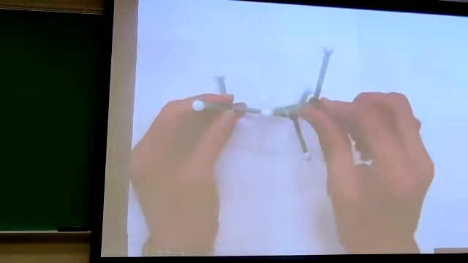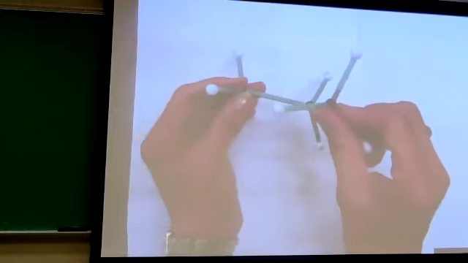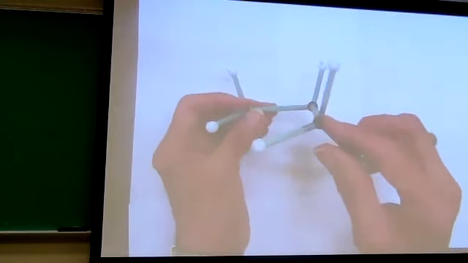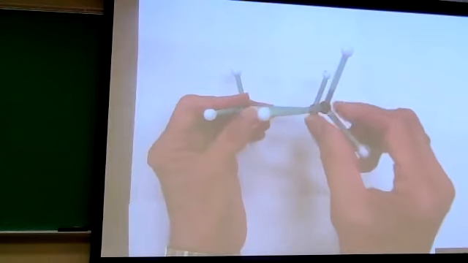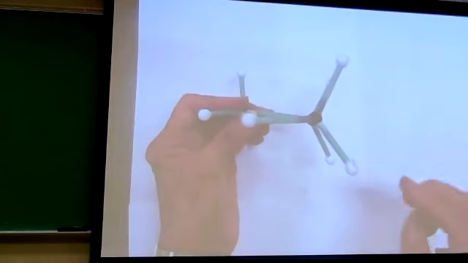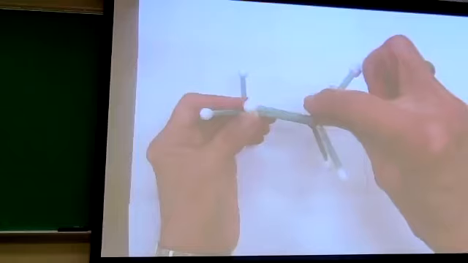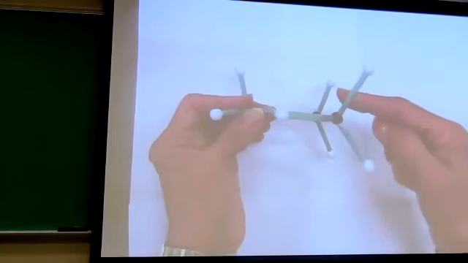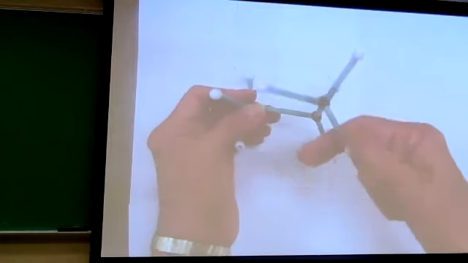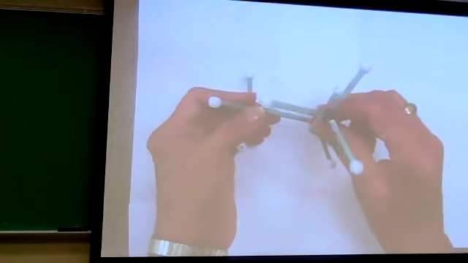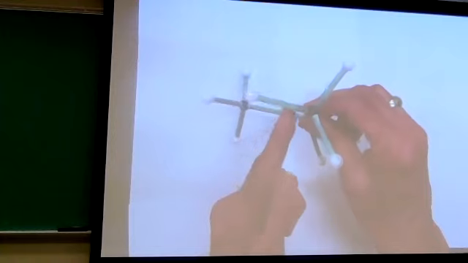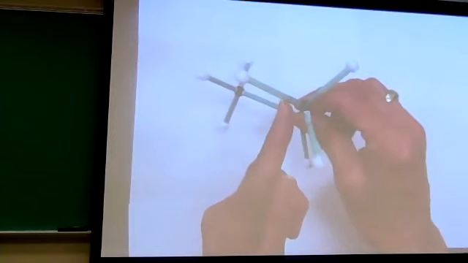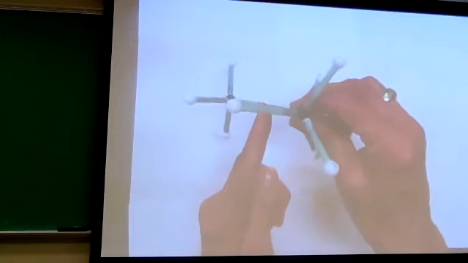Here you're going to have a little bit more complicated situation. There, I got it. Okay, now it's eclipsing. You can see that you have the two CH bonds eclipsing here, the two CH bonds eclipsing here, and you have a CH bond eclipsing a carbon-carbon bond.